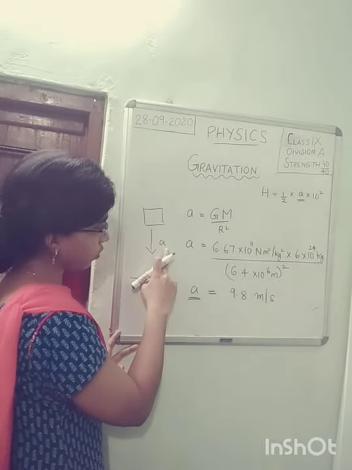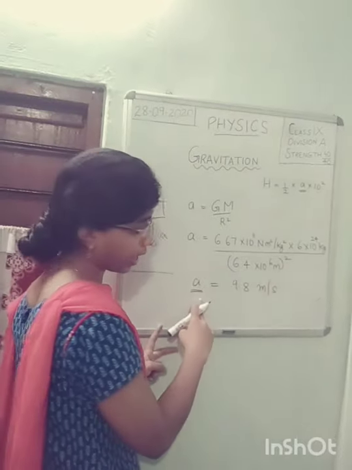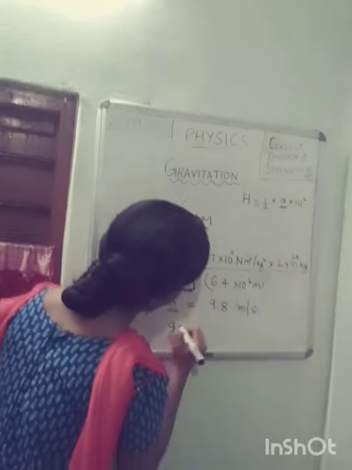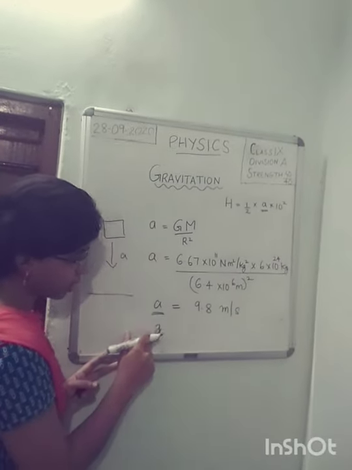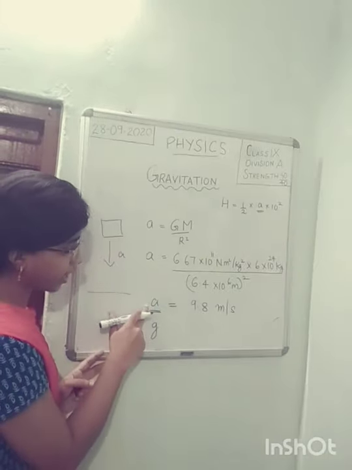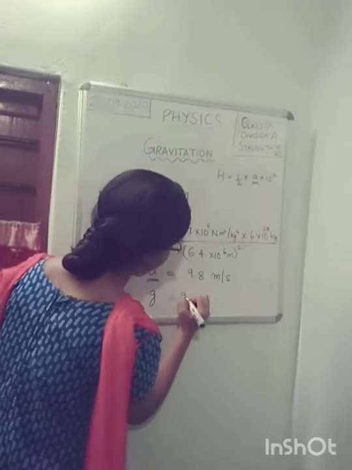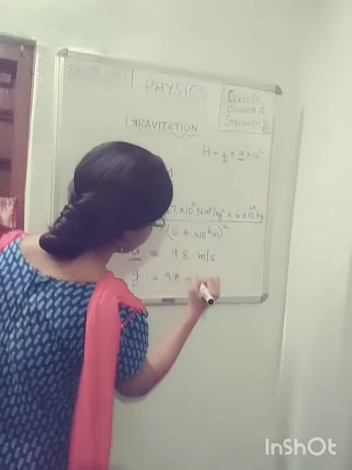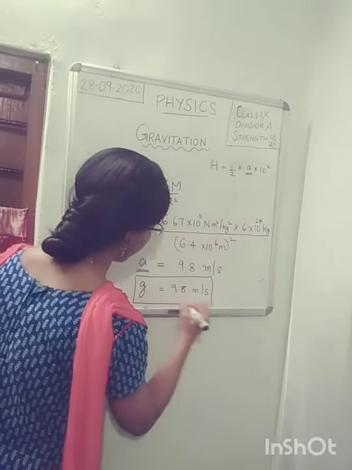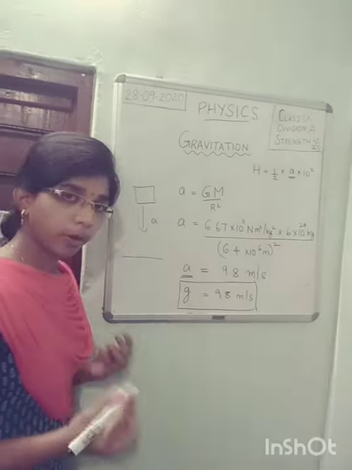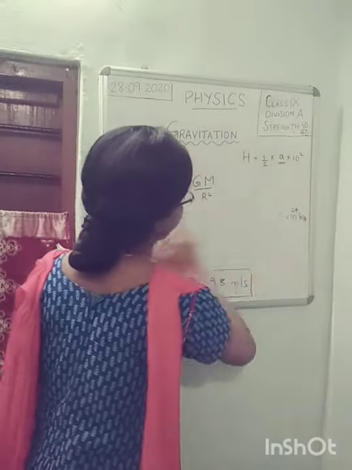So instead of writing A, I am writing G because it is accelerating due to gravity. So G comes to be 9.8 meter per second square. You should always remember this value of G. It is very important for problems and to understand much about science.